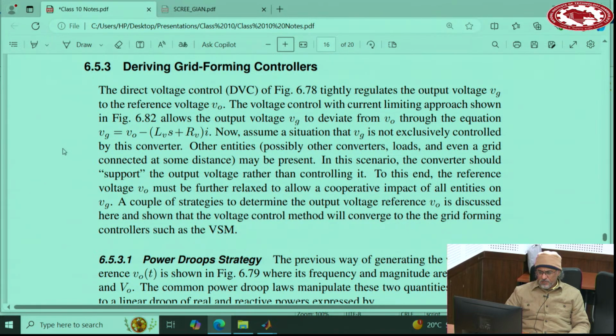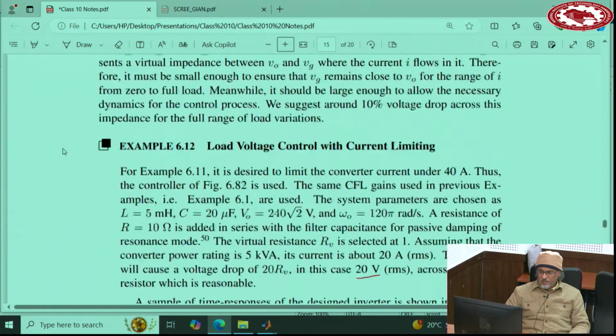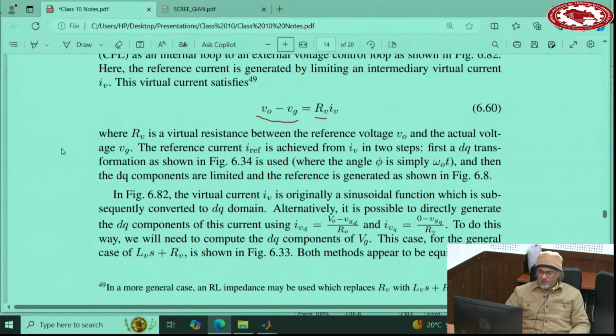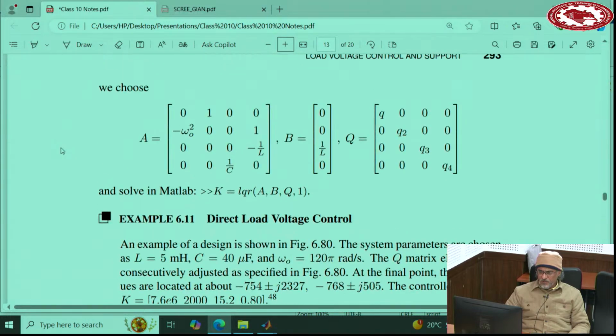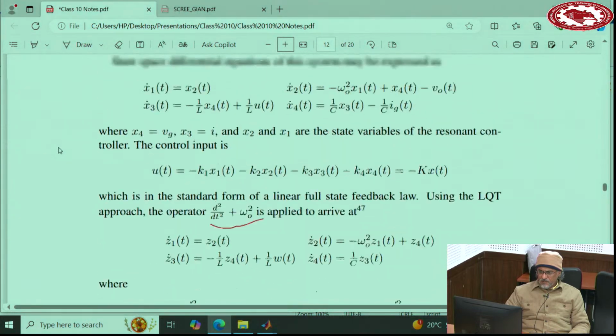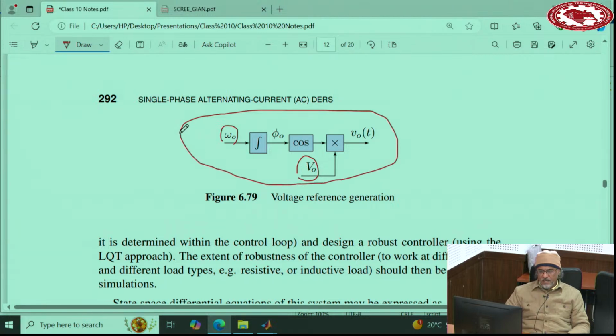Another approach basically says, if you look at what I did here in this load control that we just discussed, we said this is the reference of the voltage. We want to have a voltage at a given magnitude and a given frequency.